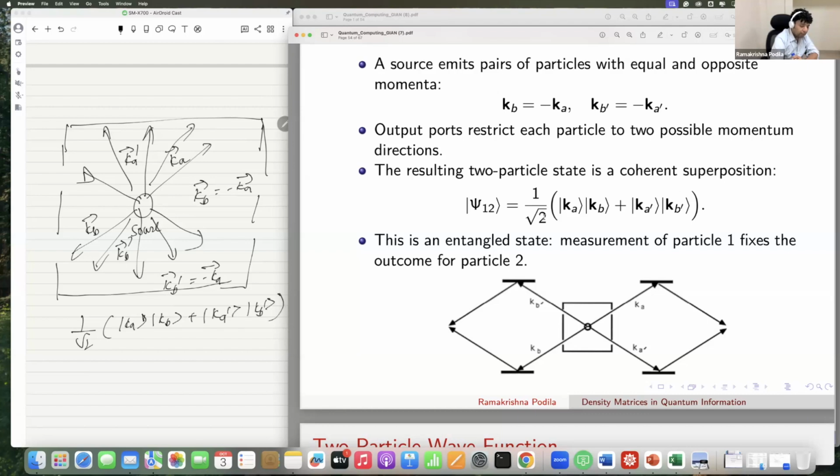I cannot express the state as some phi1 product phi2. Try to express it as a direct product of phi1 times phi2. You will not be able to, right? So that means that they are correlated.